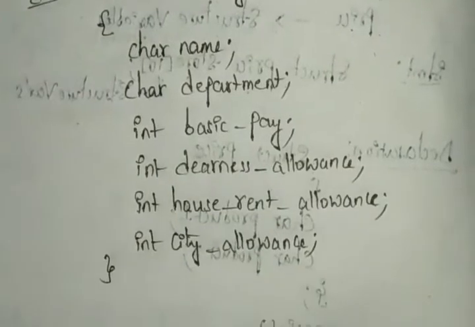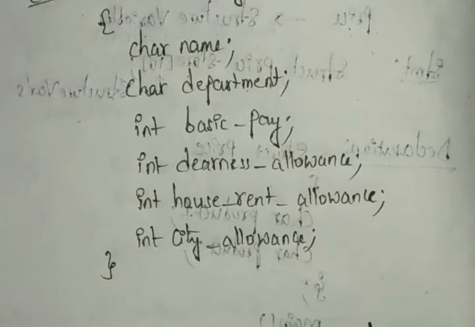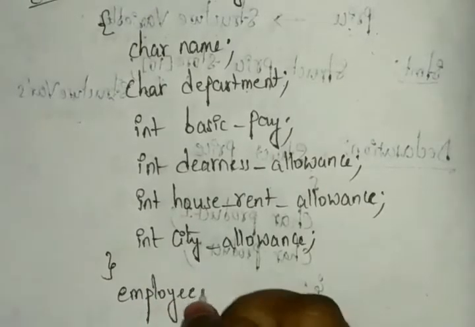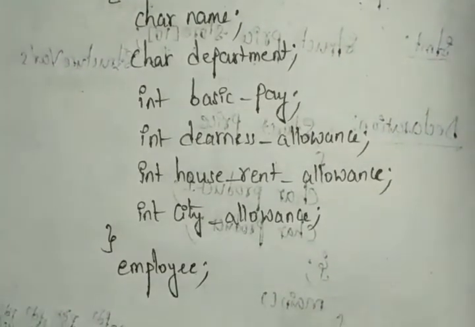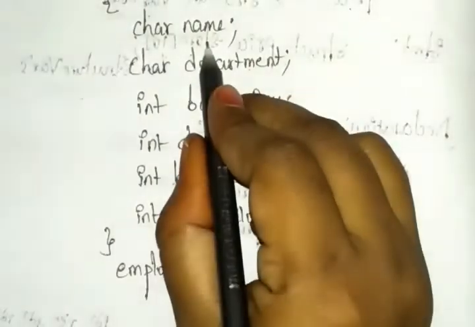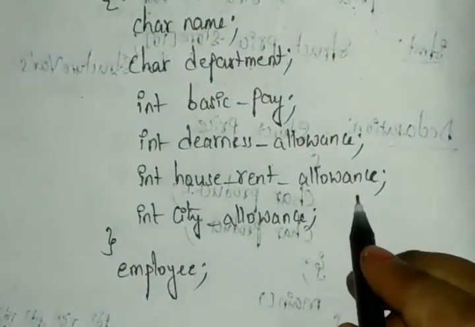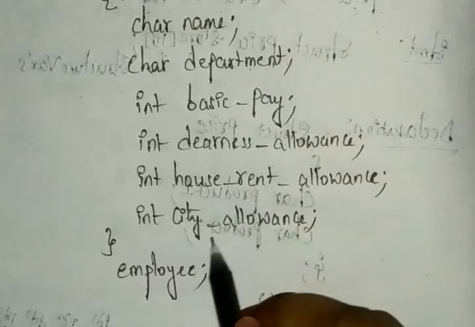After that you can give the variable for whom we are writing the name, department, basic pay, and allowances. The variable is employee. In this structure we define the name, department, basic pay, and three kinds of allowances: journeys, house rent, and city.